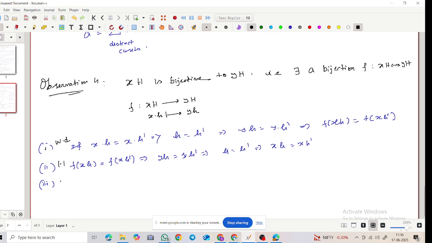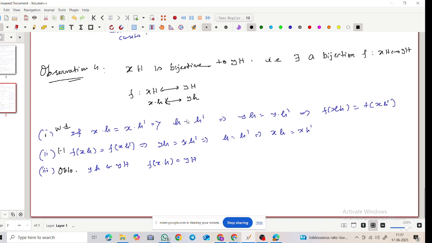What about onto? You take yh belonging to yH. And what is the pre-image? Just xh. So f is a bijection, clear?